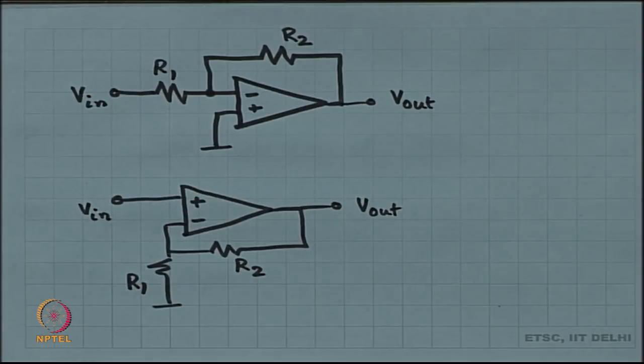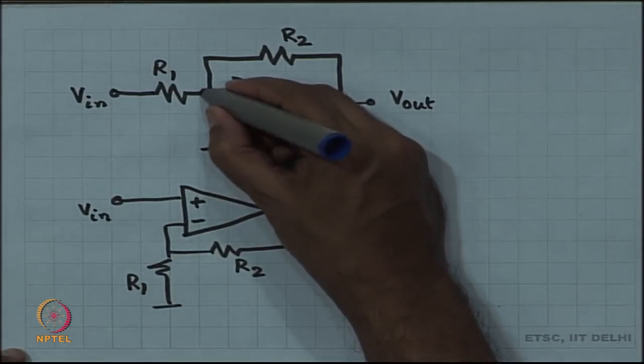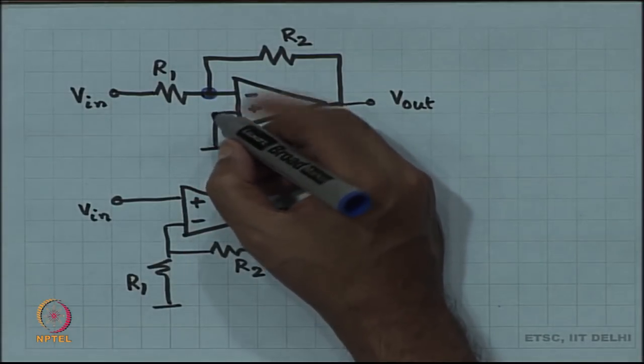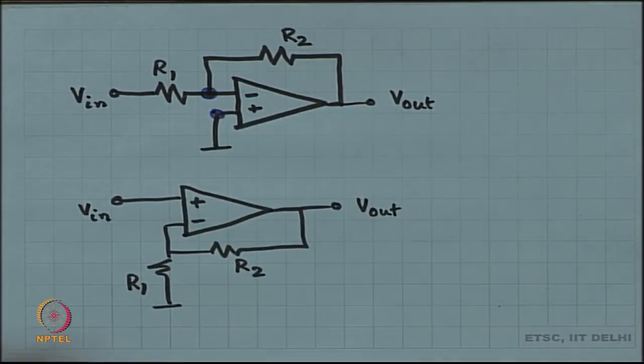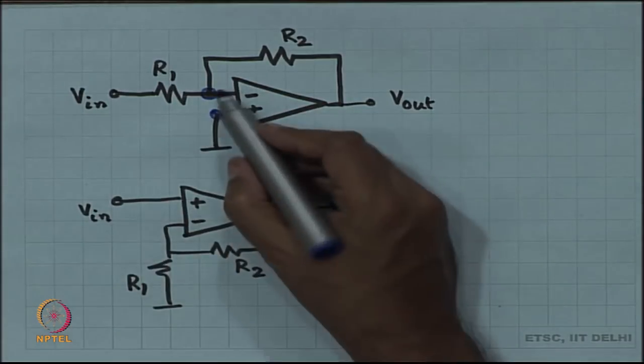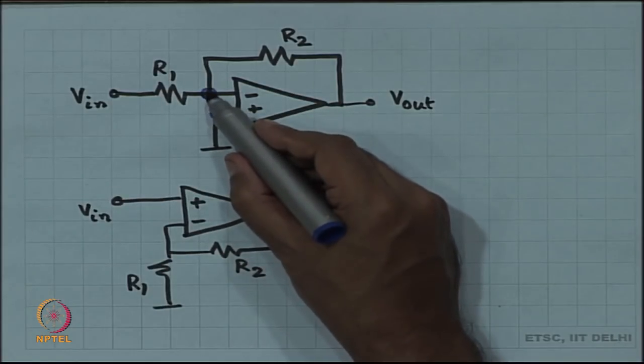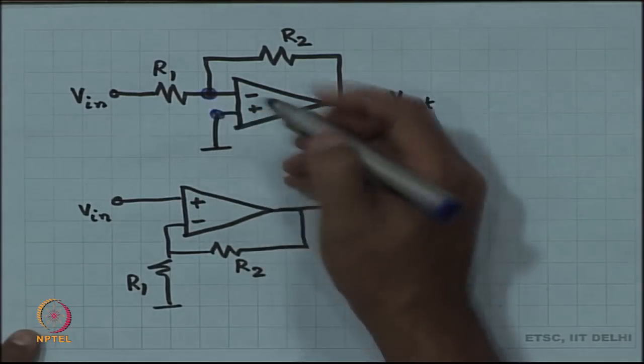And the analysis of these circuits is very straightforward. All you have to remember is that if you have drawn the circuit right, then the voltage at the minus terminal is more or less almost equal to the voltage at the plus terminal, which means that the voltage at the minus terminal in this particular circuit is 0.